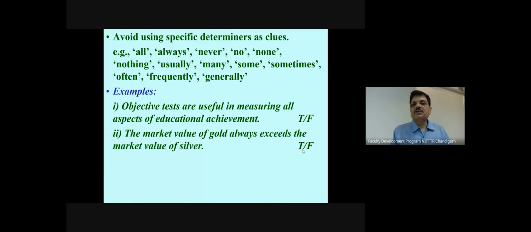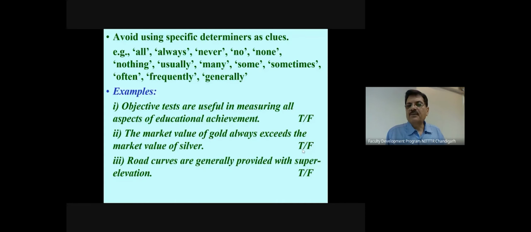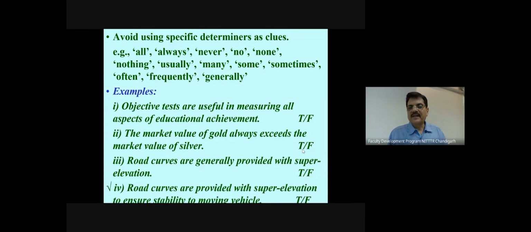Objective types are useful in measuring all aspects of educational achievement. True or false? Definitely he'll say false. The market value of good gold always exceeds the market value of silver. It is true. Okay. Road curves are generally provided with super elevation. So this was better made as: Road curves are provided with super elevation to ensure stability to moving vehicle.